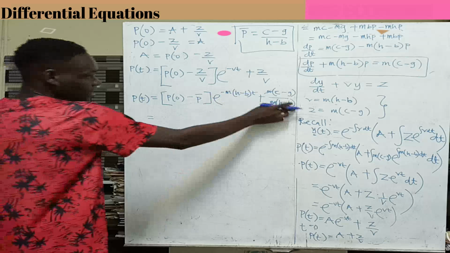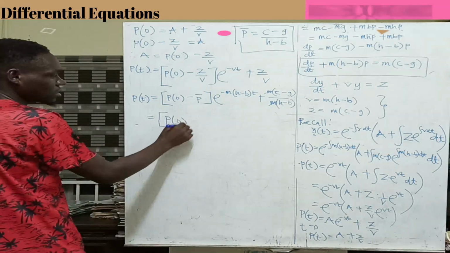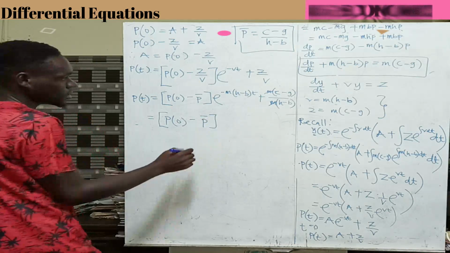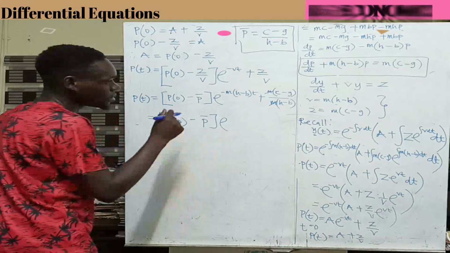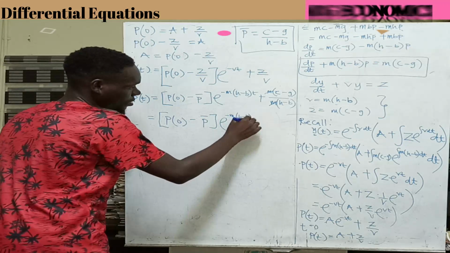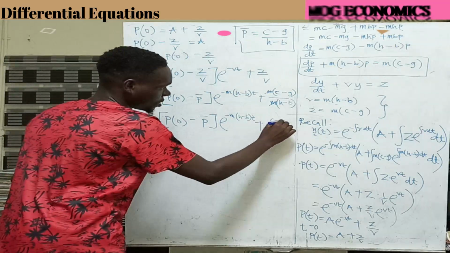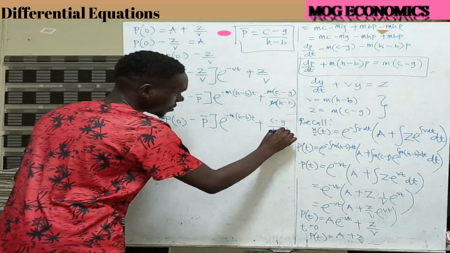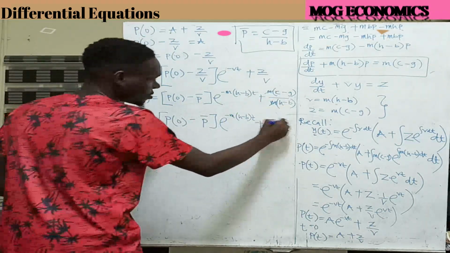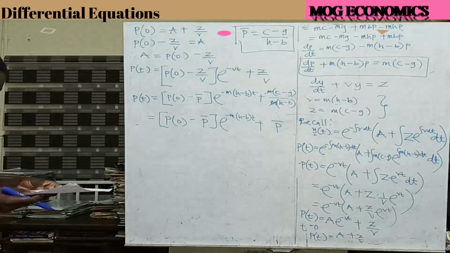So this is representing this here. So we have b, p minus p bar, we have e t plus c minus g bar over h minus b. Instead of writing this again, we just have p bar. Right.